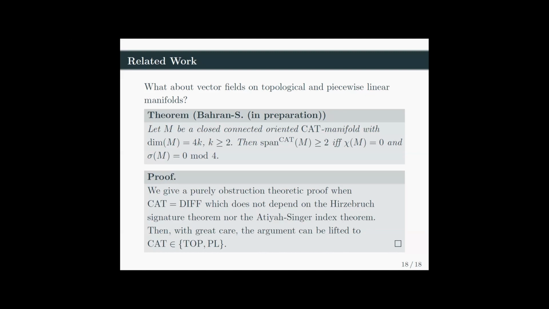Tell us about the lower bound. Get the upper bound for characteristic classes here. Yeah, we didn't even need characteristic classes. If you have a smooth fiber bundle, where the total space is E, the base space is B, and the fiber is F, it turns out that the projective span of the total space is bounded above by the stable projective span of the fiber plus the dimension of the base.